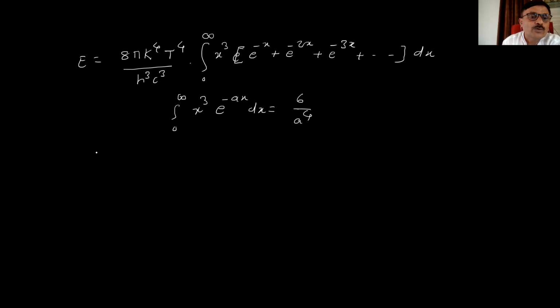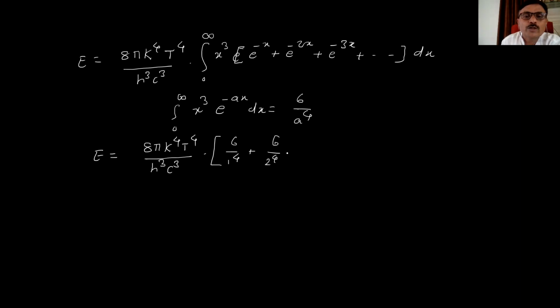Using this standard formula, we'll get E equal to 8 pi k raised to 4 T raised to 4 divided by h cubed c cubed, into, first, if I solve x cubed e raised to minus x dx, I will get 6 divided by 1 raised to 4, plus, if I solve x cubed e raised to minus 2x dx, I will get 6 divided by 2 raised to 4. If I solve x cubed e raised to minus 3x, I will get 6 divided by 3 raised to 4, and so on.